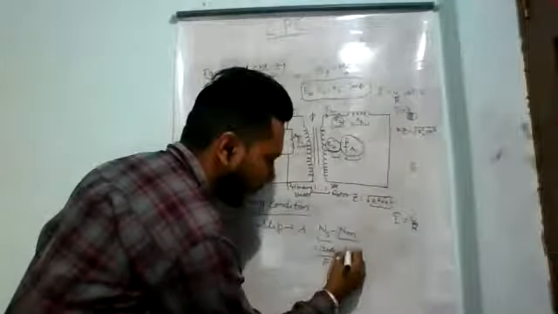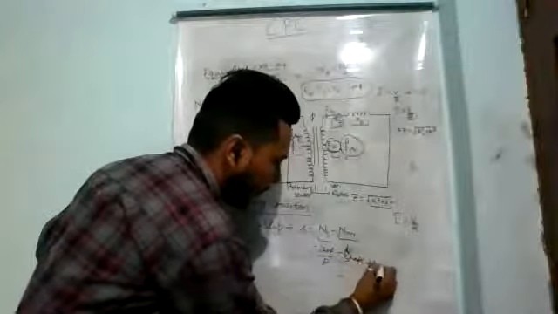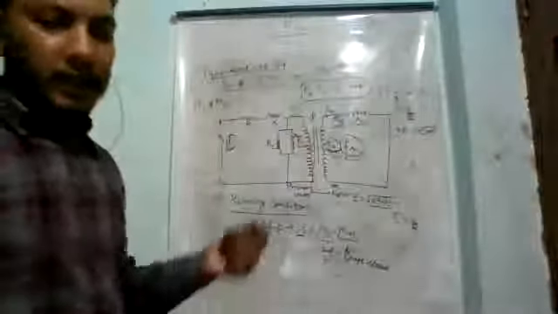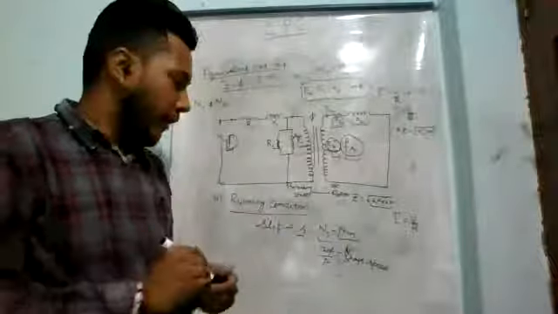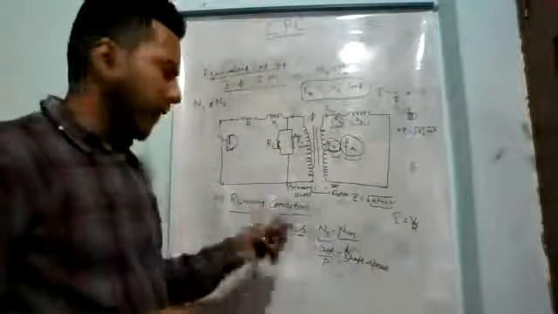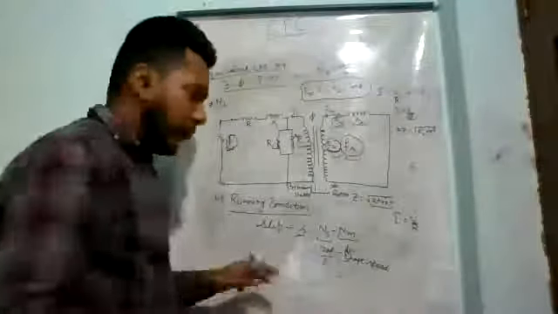So slip is the difference between the synchronous speed and the shaft speed. When the motor is at running condition, then this concept of slip comes.